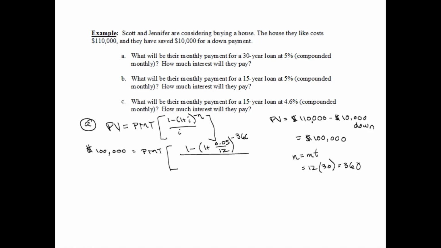Don't forget that negative sign on your number of payments. Calculate your payment the same way that we've been doing, and you should end up with about $536.82.